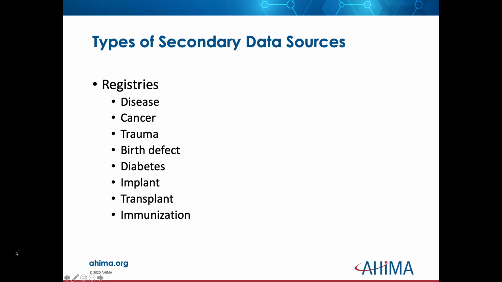Some types of secondary data sources when you talk about registries are disease, cancer, trauma, birth defects, diabetes, implant, transplant, and immunization. Those are very common types of registries or secondary data sources.